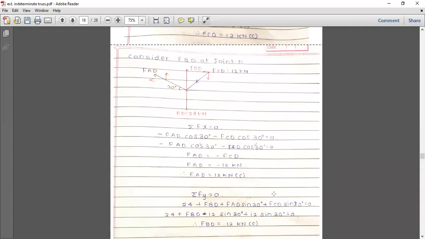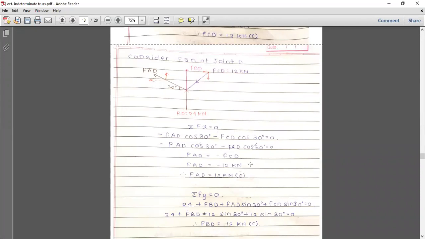Now the important thing is, while putting the value of FAD, first of all we have got the value of FAD. In summation Fy, we are going to put the value of FAD as minus 12. This part is important, because first of all, by application of summation Fx equal to 0 to this diagram itself, we have got the answer negative.